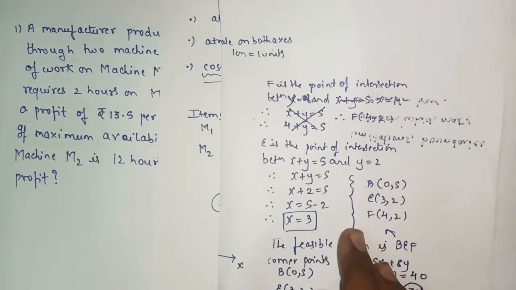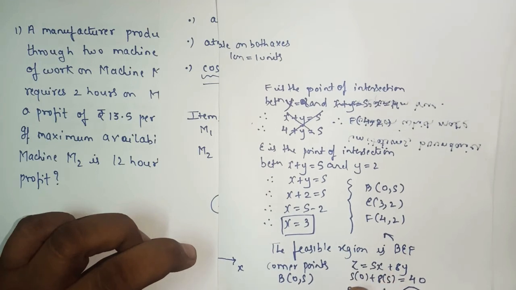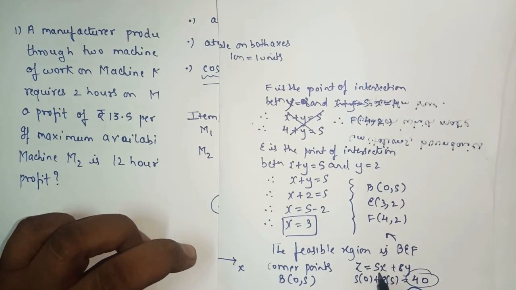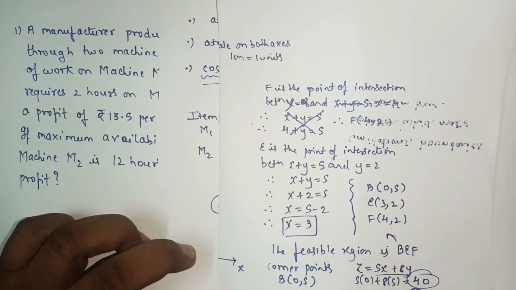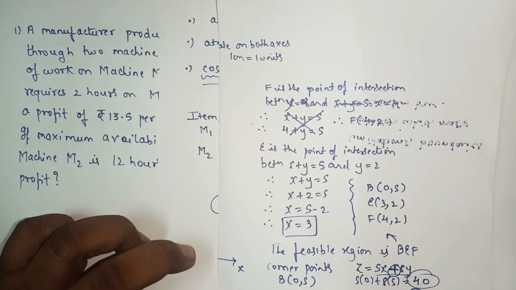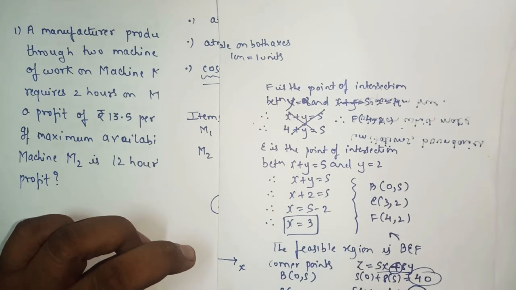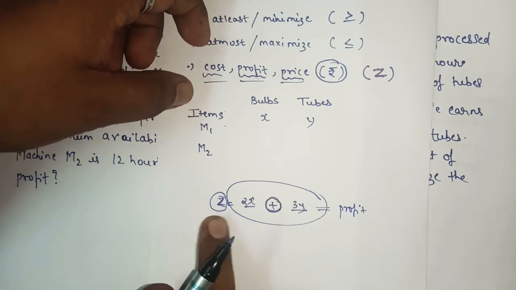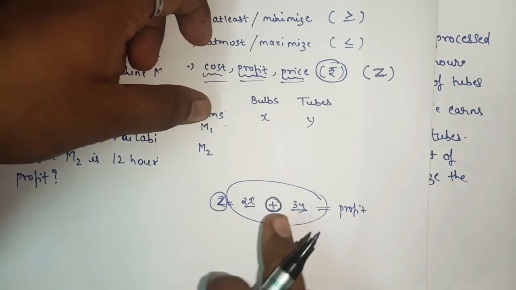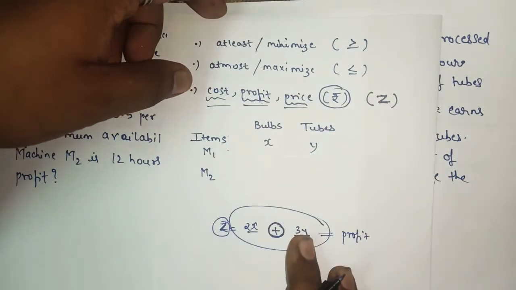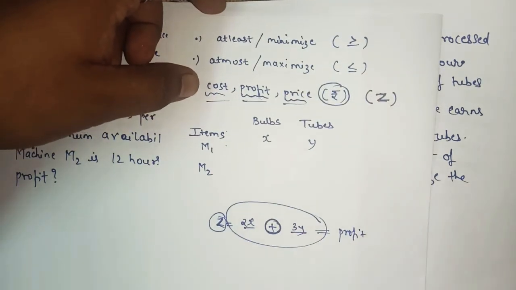We used to substitute the corner points and add to get the answer, yes or no? In simple language, we have to find the total of these two. So whenever the word total comes, we add. Whenever you are framing the value of Z in any question, here you will write plus. I hope you got the idea of how to frame Z.